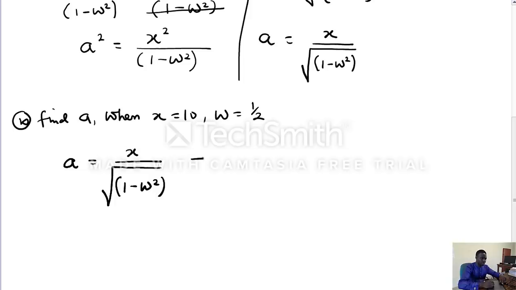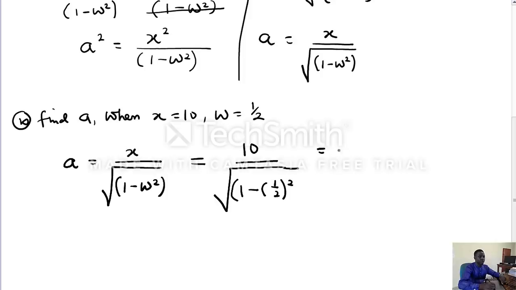So I'm going to substitute straight away. x is going to be 10 divided by square root of bracket 1 minus, what is w? w is said to be 1 over 2, squared.